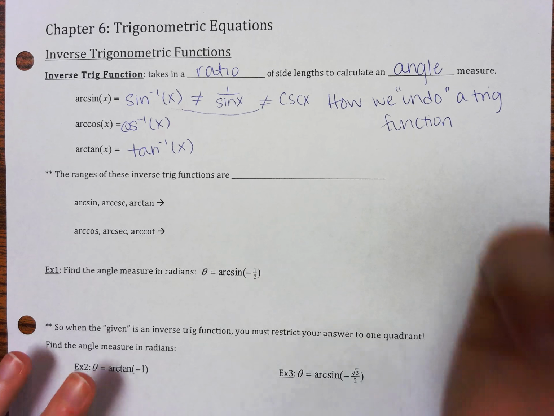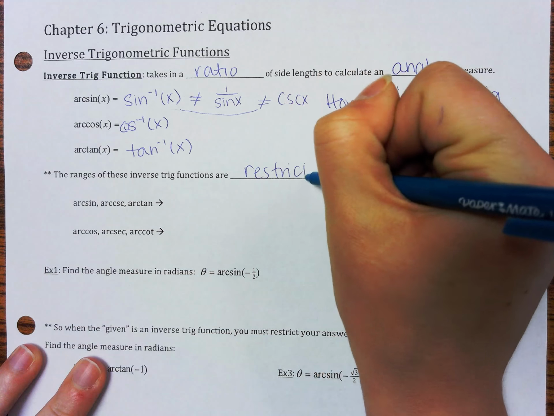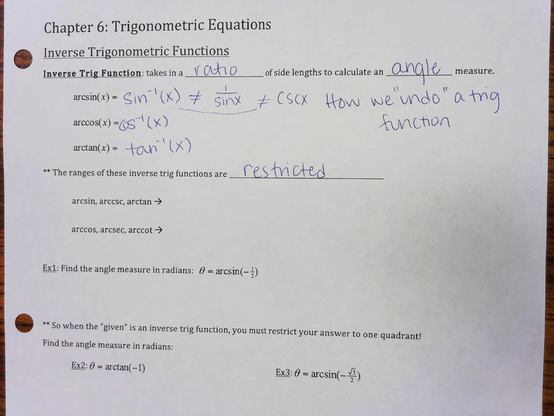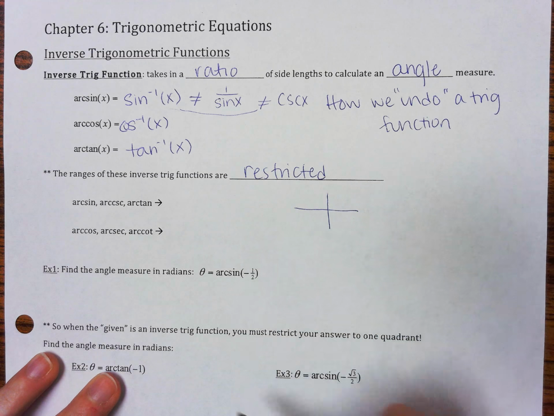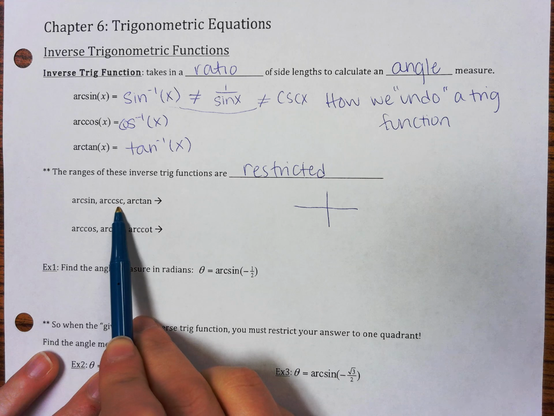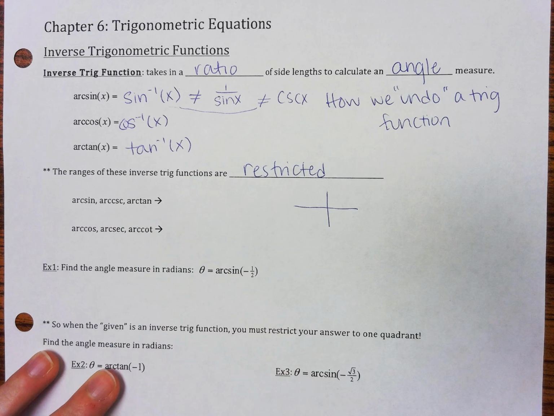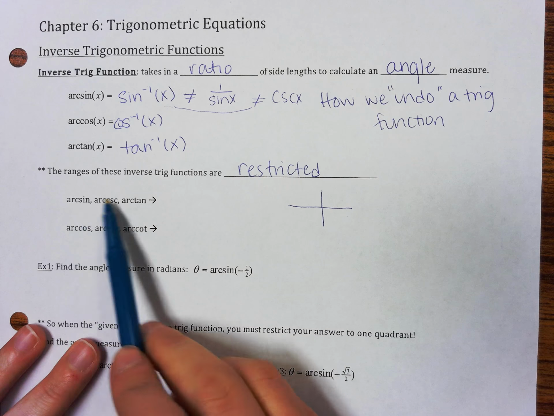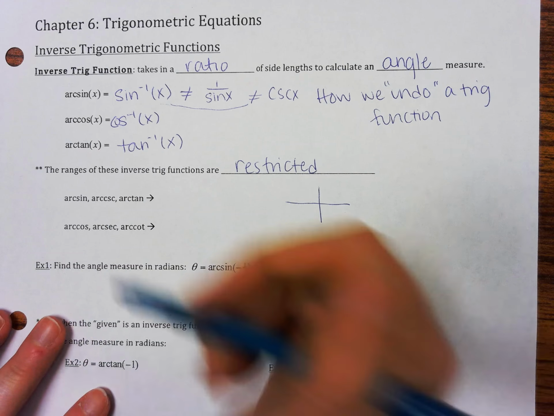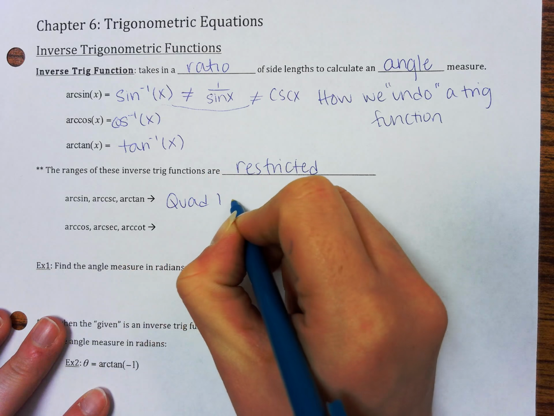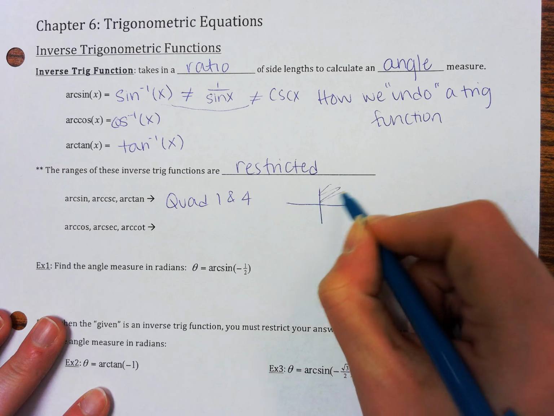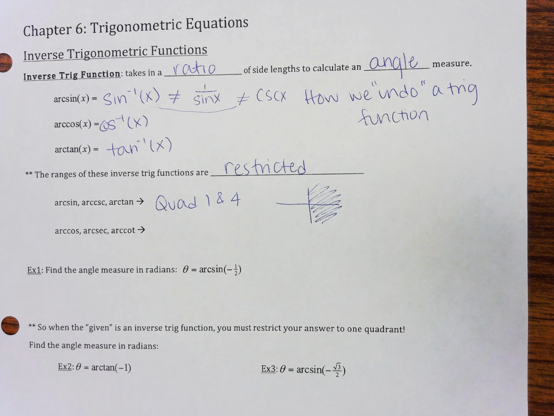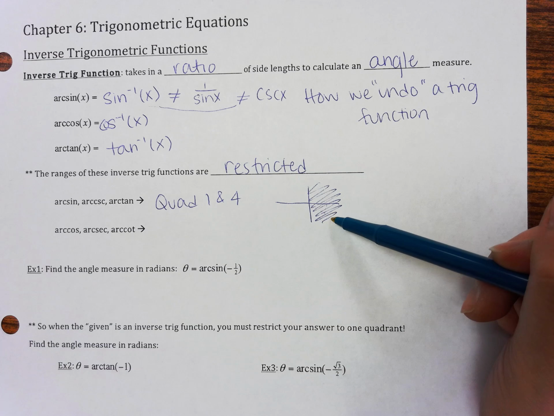Now the ranges of these inverse functions are actually restricted, and the way they're restricted is based on quadrants. For arcsine, arccosecant, and arctangent, we want the quadrants that give us both positive and negative ratios. So arcsine, arctangent, and arccosecant are restricted to quadrants 1 and 4, the right half of our plane, where sine is positive in quadrant 1 and negative in quadrant 4.